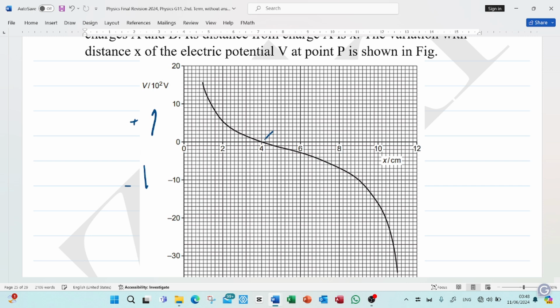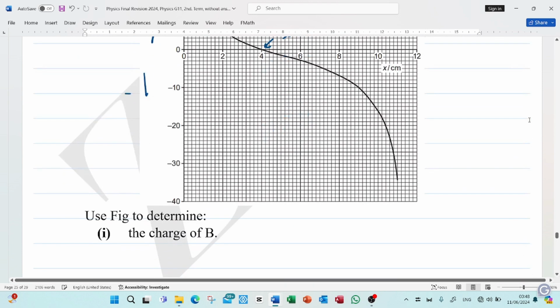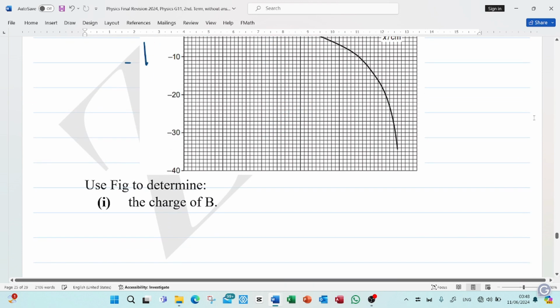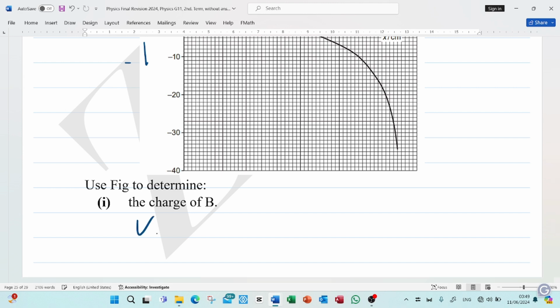At x equals 4, the voltage equals 0. This is the graph, used to determine the charge on B. Now V when x equals 4 equals 0, this V is the resultant voltage.